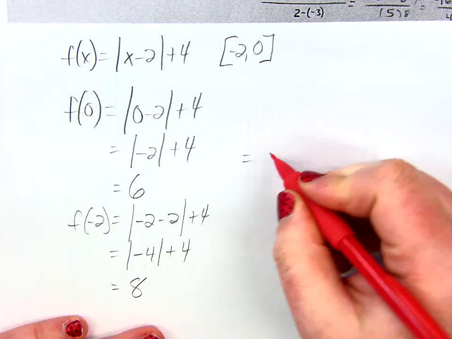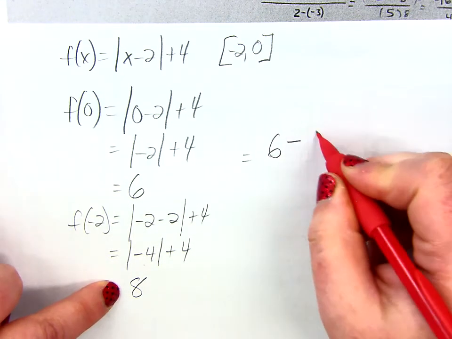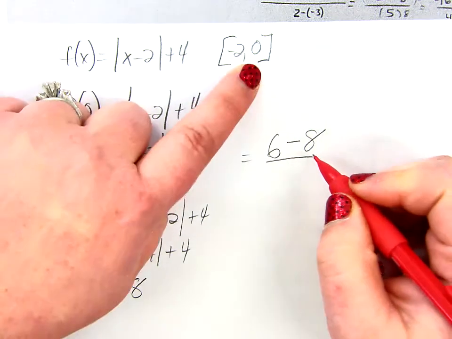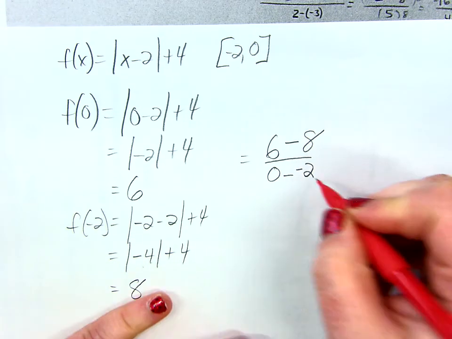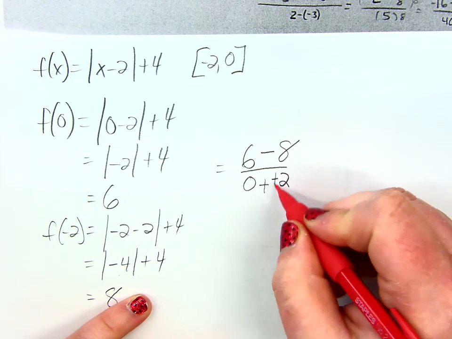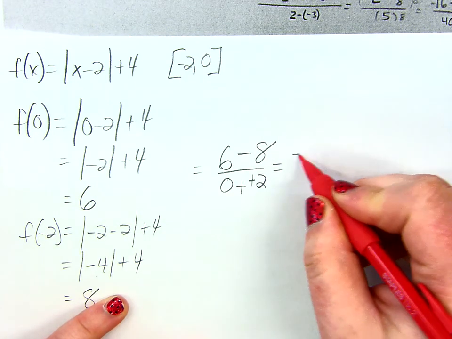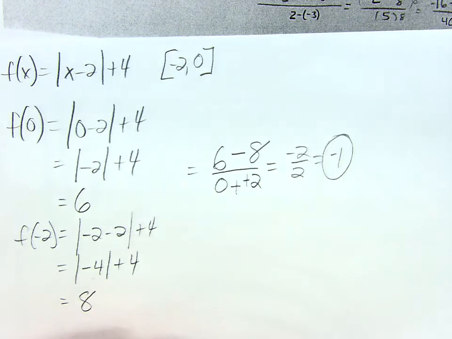So the average rate of change is f of b minus f of a, all divided by b minus a. So be careful with your signs, because that's going to be minus a negative 2, right? So that turns into plus. So I end up getting negative 2 over positive 2, or negative 1.